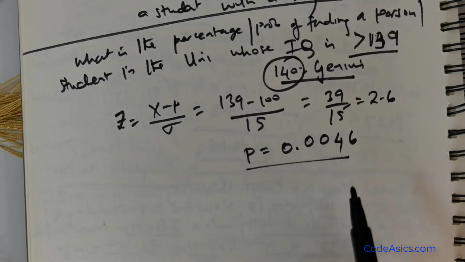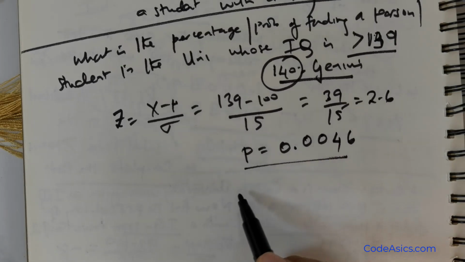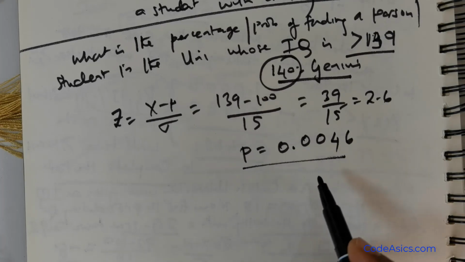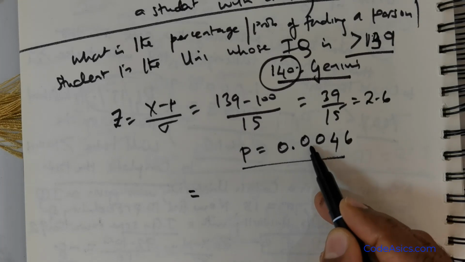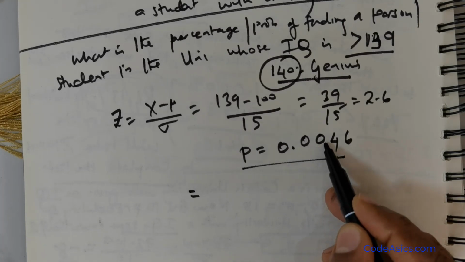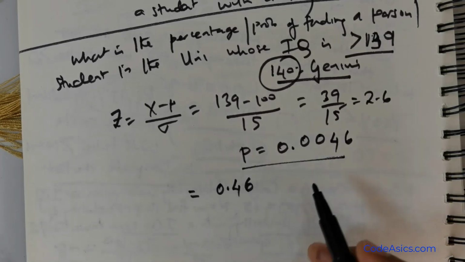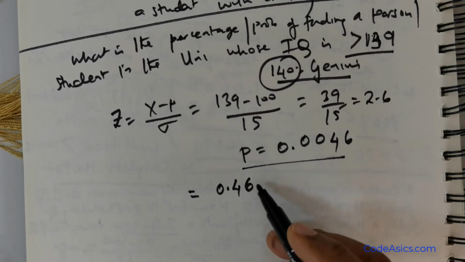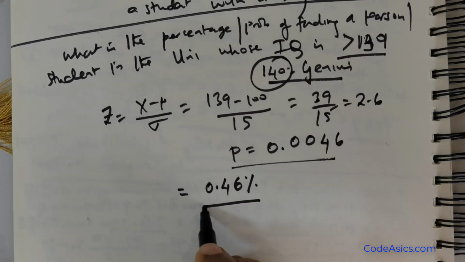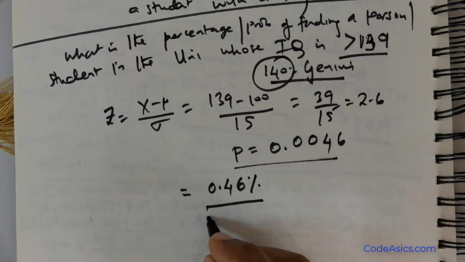So this directly gives me the p-value here, but I will also show you how to use the table and extract the value. So in this case, this is the probability. Now in percentage, you multiply by 100, and the decimal is transferred two places. So that means the likelihood of finding a person with an IQ which is 139 or larger is 0.46%. Right, so that is how rare geniuses are born.